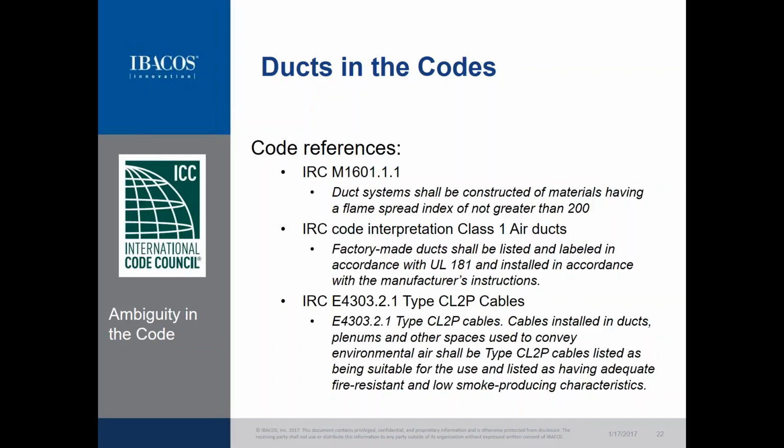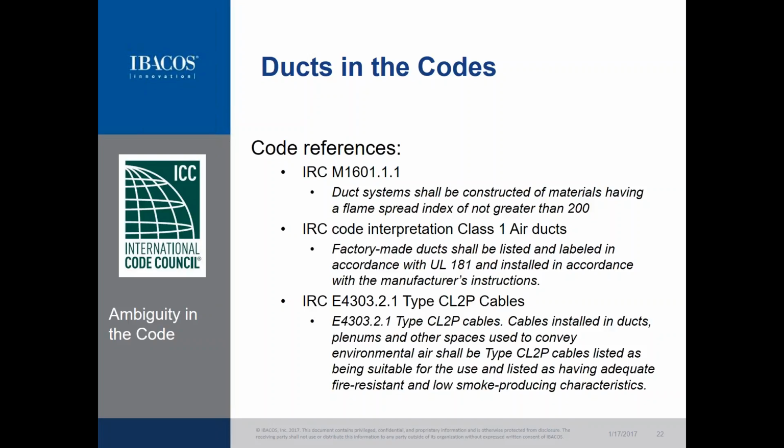Then if you go back to the Class 1 air ducts, what you see is a requirement that these ducts meet the 25 flame spread index and 50 smoke developed index, and are installed according to manufacturer's instructions. So there's a contradiction.